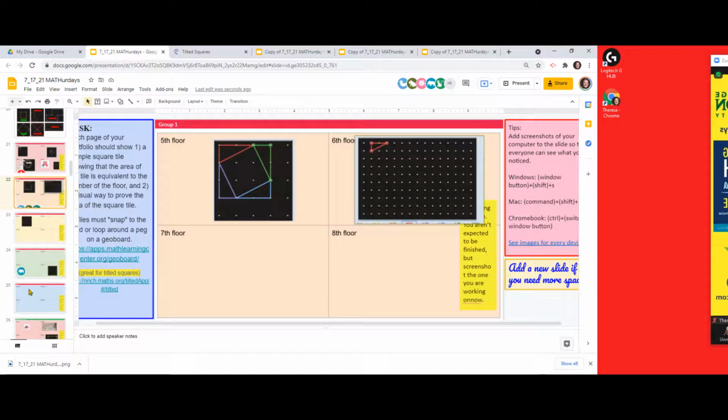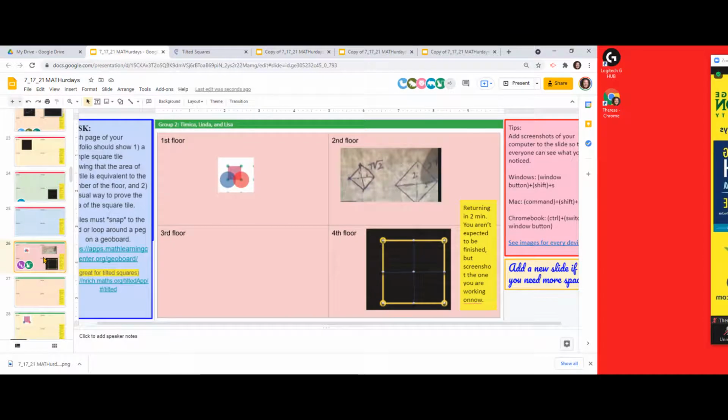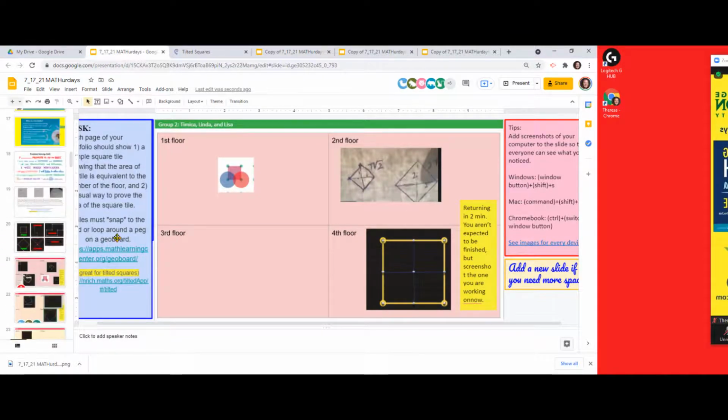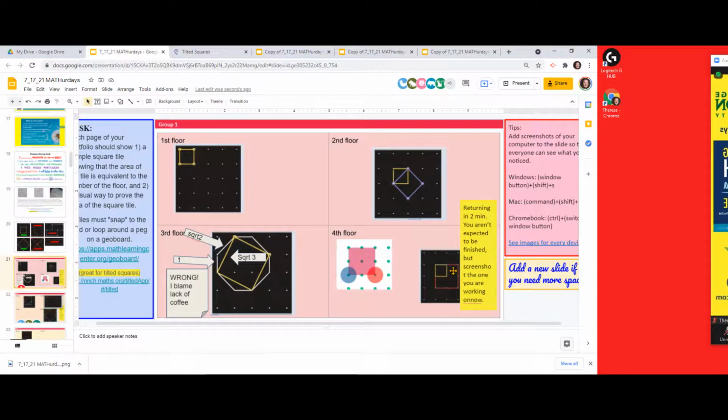Then I'd like to go to group 2 for root 2 explanation, and then back up to group 1 for the third floor. If you're watching this, these are the 4 I'm gonna try and do in the conversation. I'm gonna close the breakout rooms now, and we are going to chat about this.